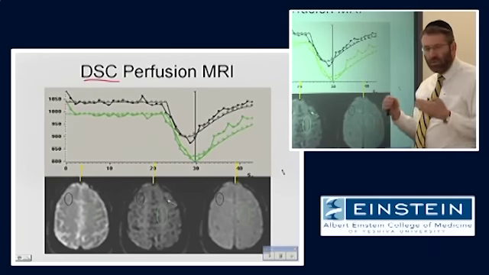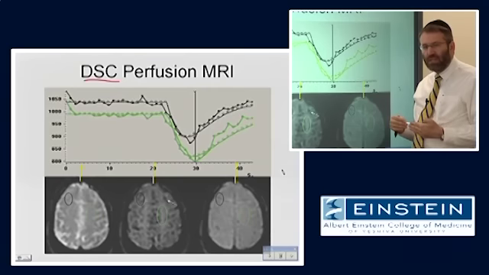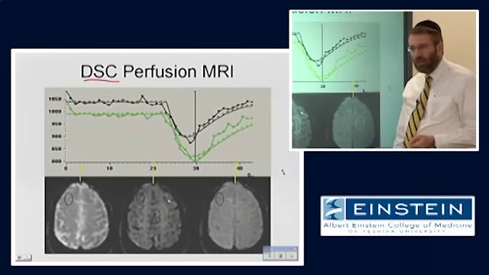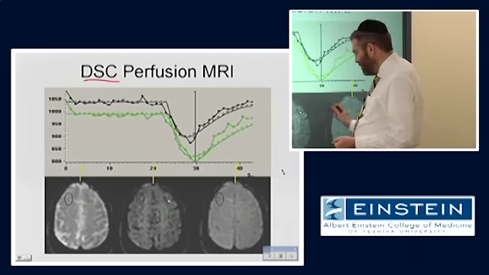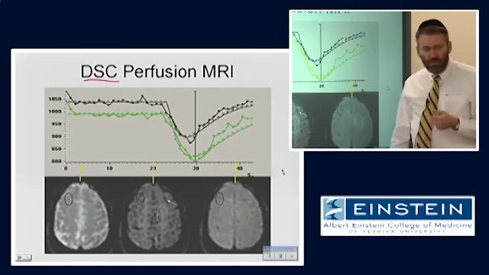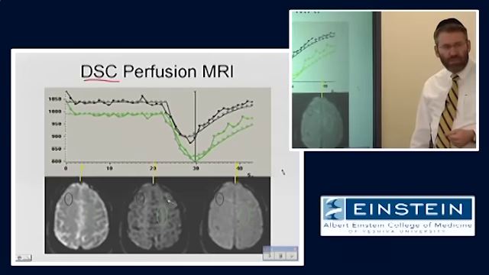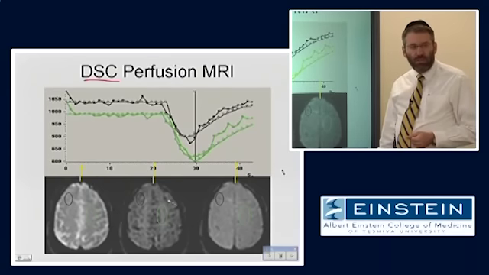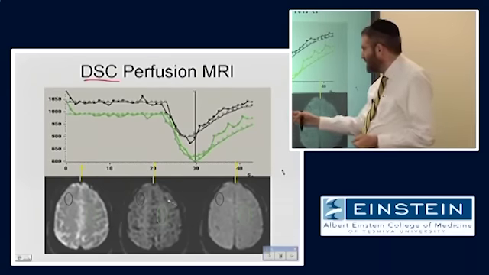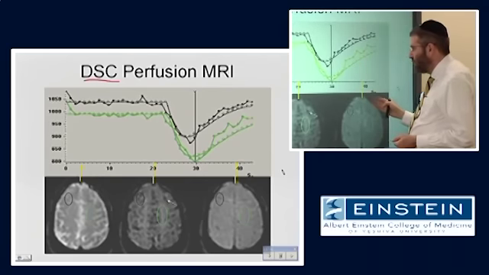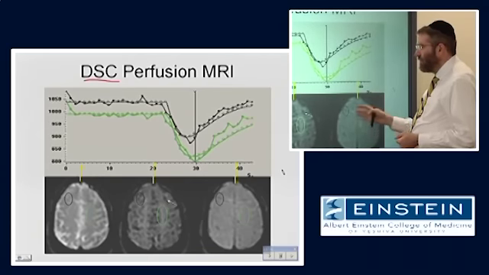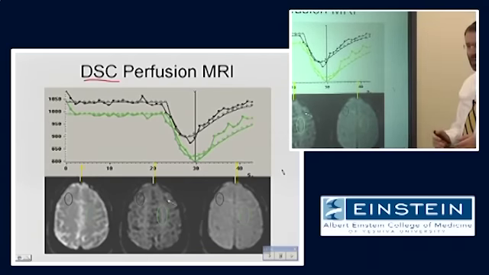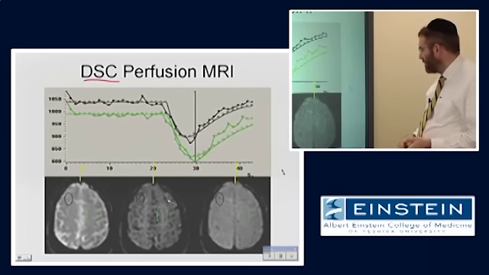First of all, there is some contrast that leaks across the capillary membrane. So the gadolinium that we use is not a purely intravascular agent, and there is always going to be some persistent change in signal. Second is that there may actually be some persistent intravascular effect due to different velocities of flow in different components of the image.